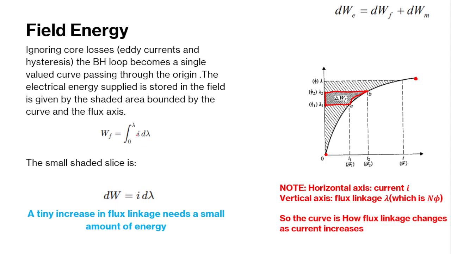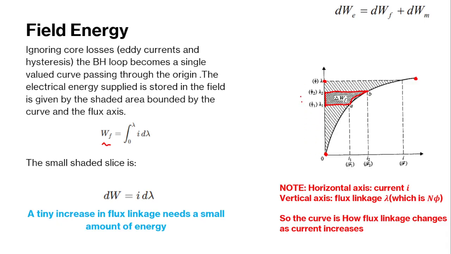Alright, the takeaway from this slide is the field energy is basically the integral from 0 to lambda, which is here, straight up to here, which is basically moving the armature from the bottom straight up to the top and a touch. That is the total energy stored in the field. So 0 to lambda, i d lambda.